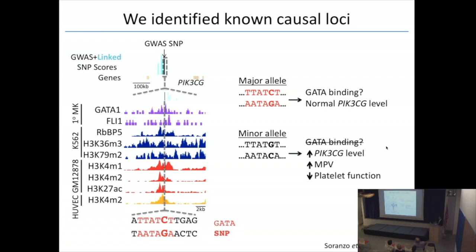If you now line up all the functional predictions, functional marks that our model predicts, you can see that there's this nice overlap between enhancer functional activity marks, as well as it, of course, by definition, disrupting a GATA binding site. It turns out that this paper noted almost all of this except for the specific marks here, but they also know that this is an EQTL for this particular gene, for this particular variant.